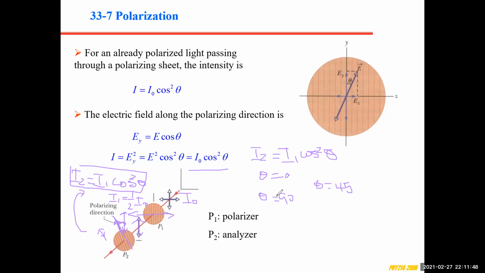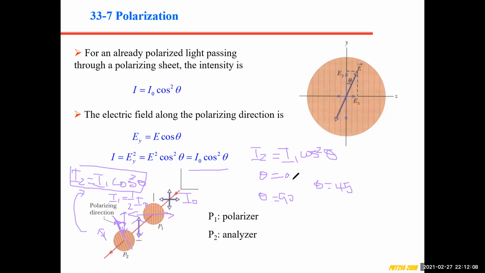So that basically tells you that when you have two polarizers placed in front of each other, you can adjust the angle between the two polarizing axes, and then you will see that the light intensity will change as a function of theta.